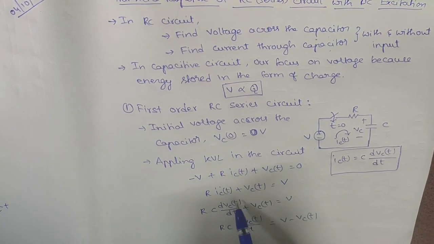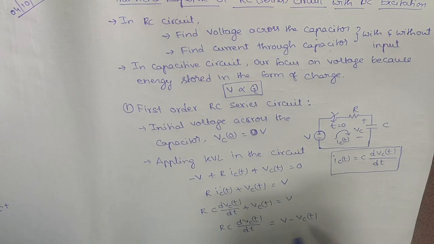I have written Ic is equal to C dVc by dt. I placed it here, and we will be interchanging and integrating this, and the final value I will be showing.